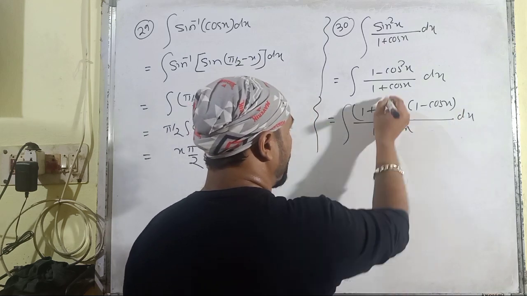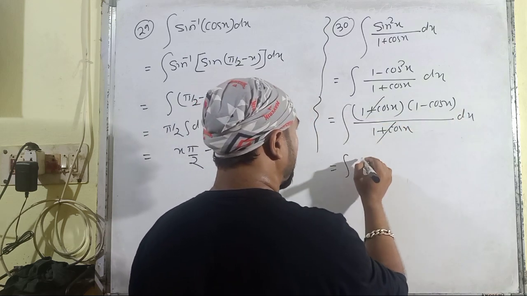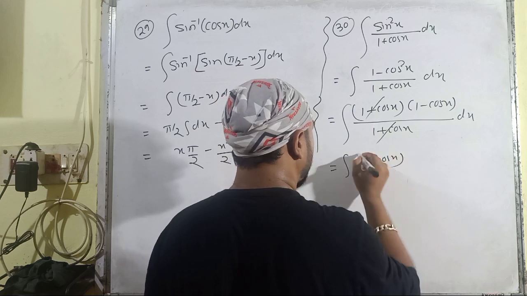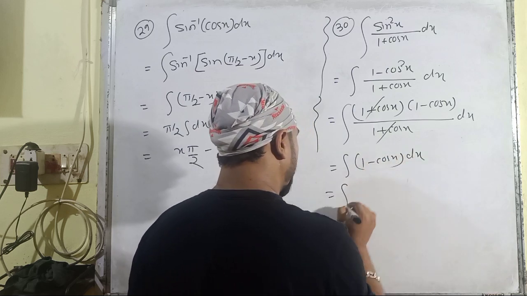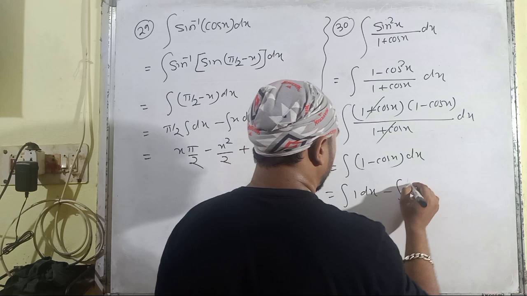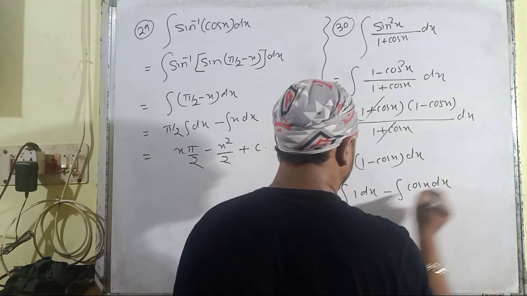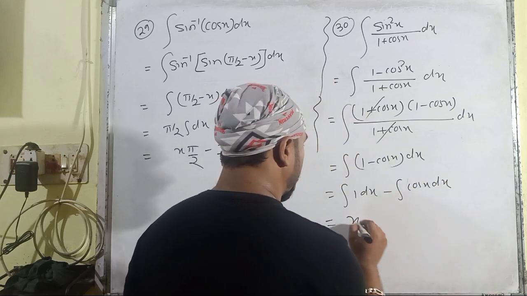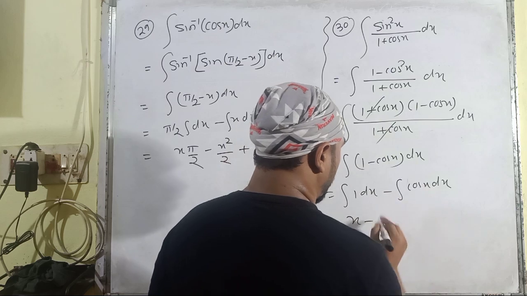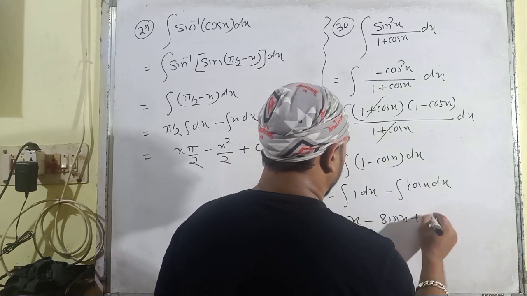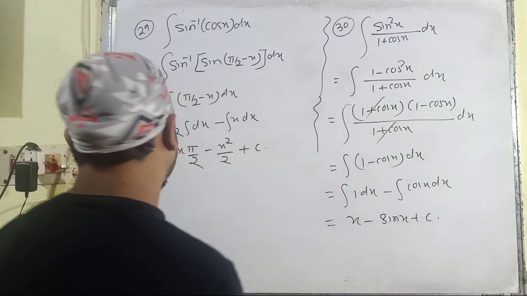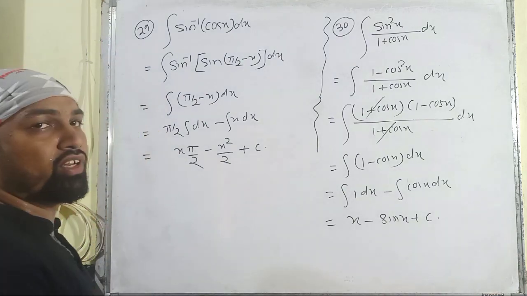Then cancelling the common factors, we have integral of 1 minus cos x dx. Then it will be integral of 1 dx minus integral of cos x dx. Integral of 1 is x, minus integral of cos x, it is sin x, plus any constant c, and this will be the answer for the problem number 30.